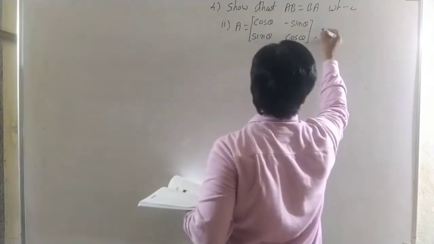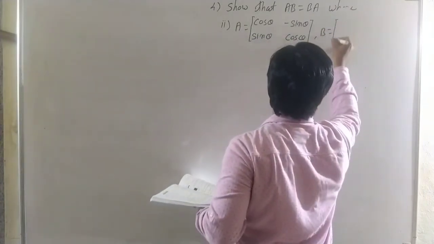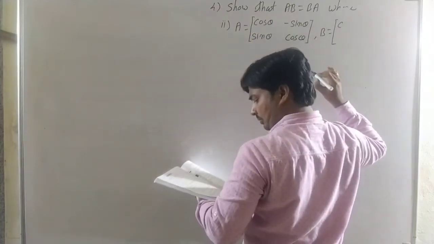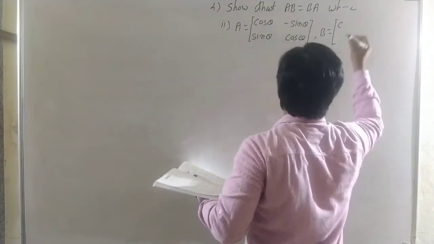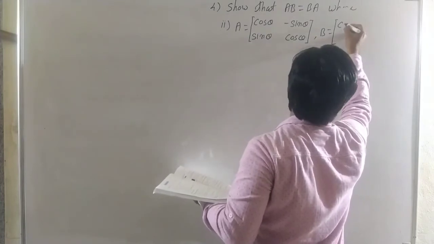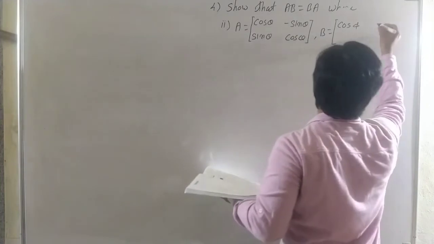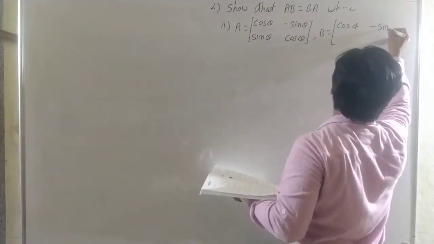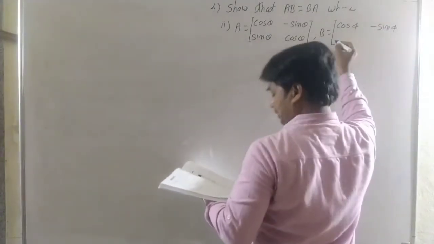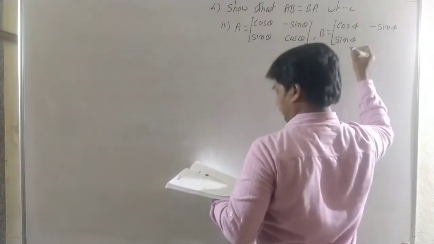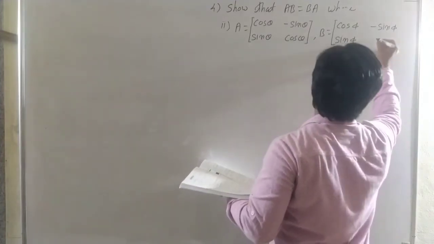And B is cos phi, minus sin phi, sin phi, cos phi.